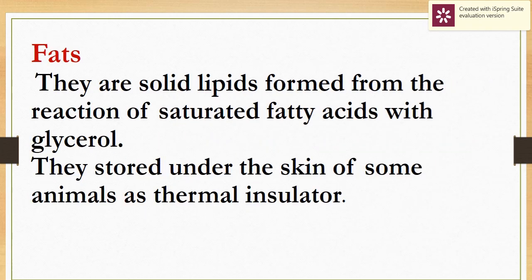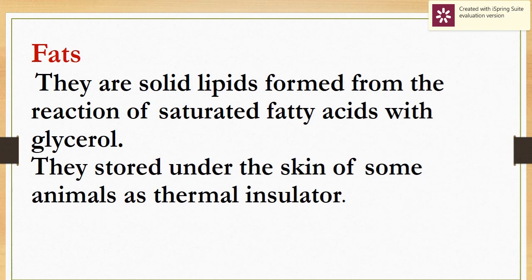Now the second one, which is fats. Fats are solid substances at ordinary or room temperature. They are formed by the reaction of saturated fatty acid, and when the molecule becomes saturated with hydrogen, it becomes solid. So they are called fats.